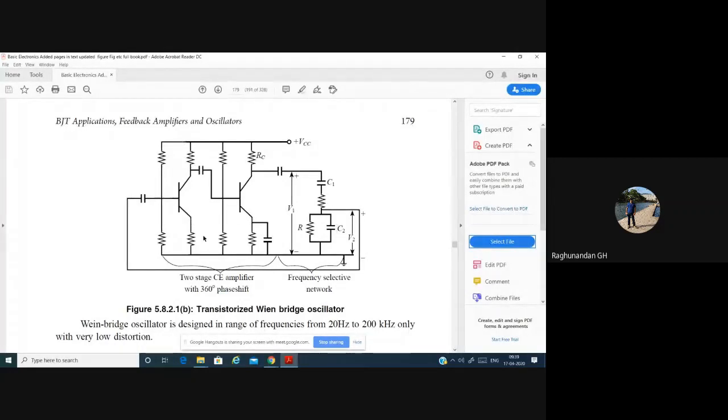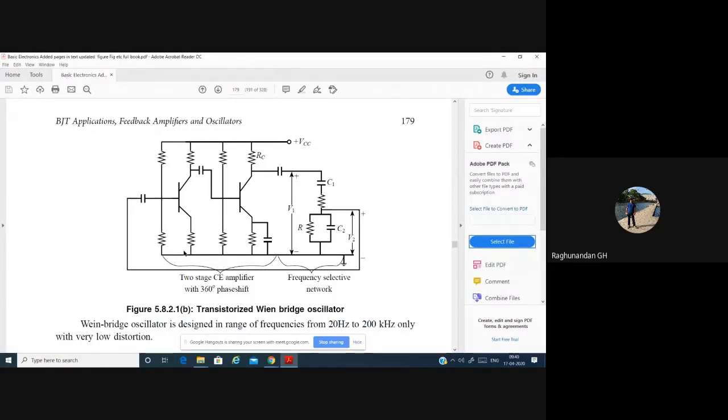This is in CE configuration, and in CE configuration only we use the transistor as an amplifier. Here we are using a voltage divider circuit. Since it is in CE configuration, this produces 180 degree, and this also produces 180 degree. So totally these two amplifiers produce 360 degree phase shift.